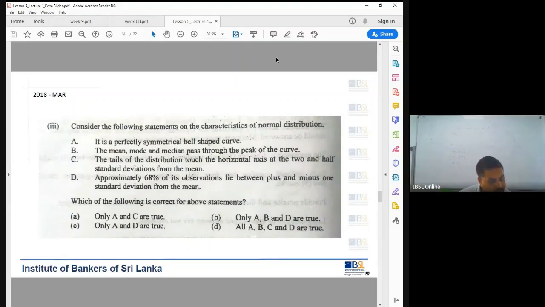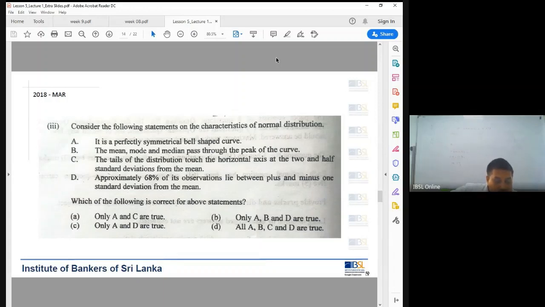Let's look at sub-part number 3. Consider the following statements on the characteristics of a normal distribution. Which of the following is correct from the above statements? Okay. They're asking for the correct statements. Let's see. A, it is a perfectly symmetrical bell-shaped curve. It's correct.